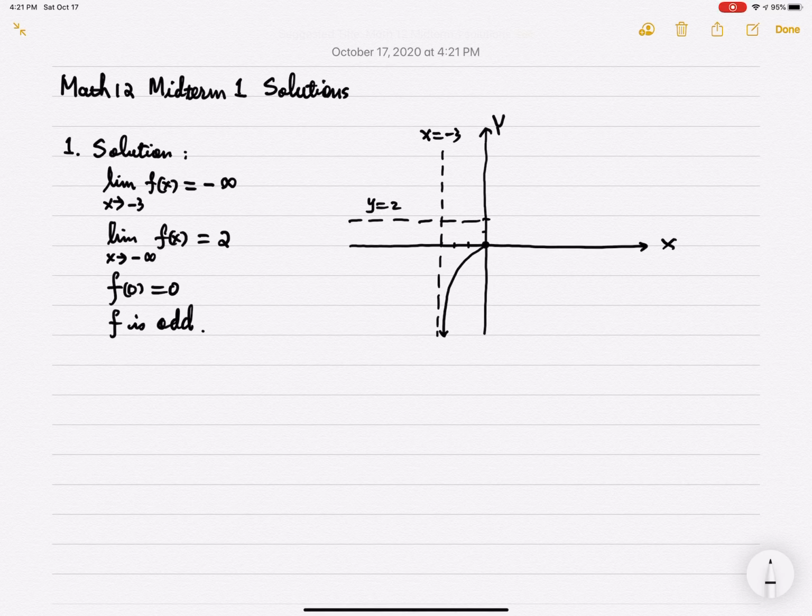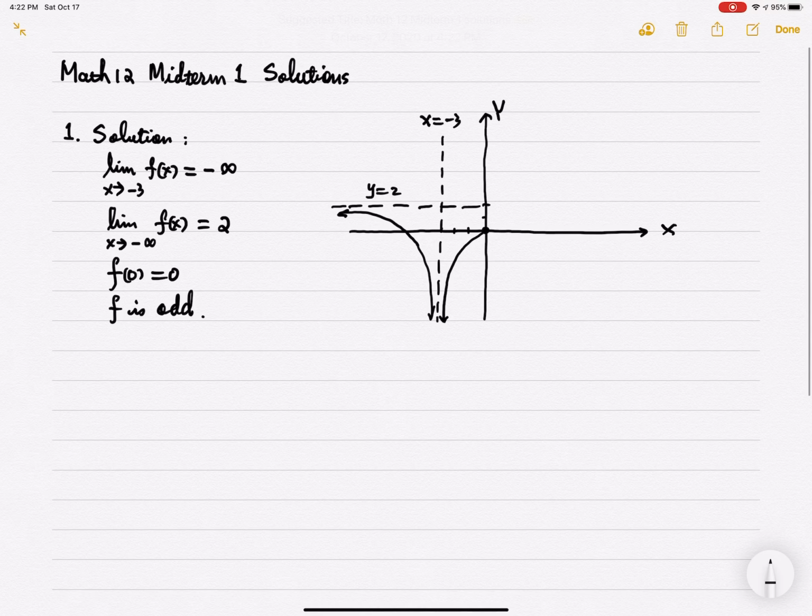The simplest curve we can draw is like this. It still goes to -infinity here, and then goes to 2 here. Now, because the function is odd, it is symmetric about the origin.